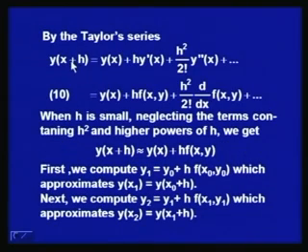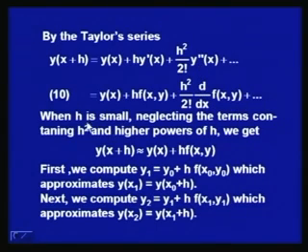By the Taylor series, y at x plus h is equal to y(x) plus h y dash(x) plus h square by 2 factorial y double dash(x) plus and so on, which can be written as y(x) plus h into f(x, y), because dy by dx is equal to f(x, y), plus h square by 2 factorial y double dash(x), which becomes d over dx of f(x, y), and so on.